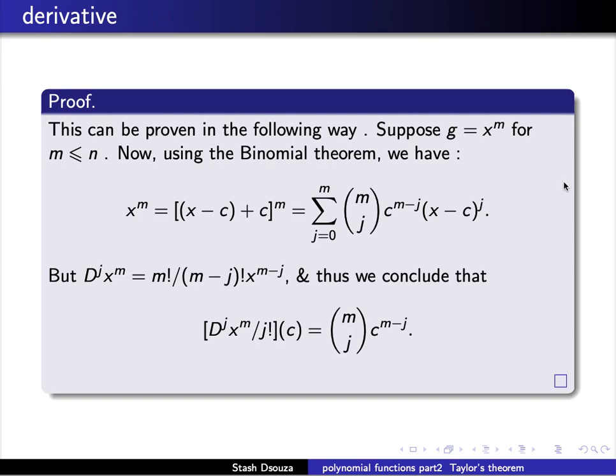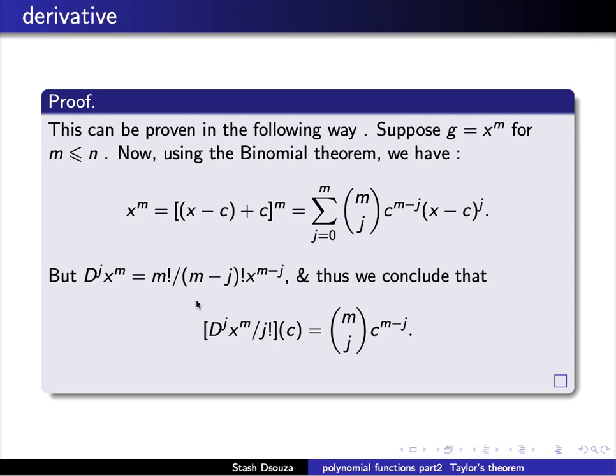However, we can simply calculate from the power rule for the derivative that the jth derivative of x to the power m is given as m factorial divided by m minus j factorial times x to the power m minus j.